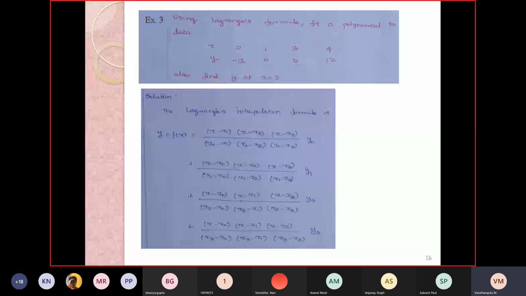The Lagrange interpolation formula is given, and we have to apply the respective values in the formula.